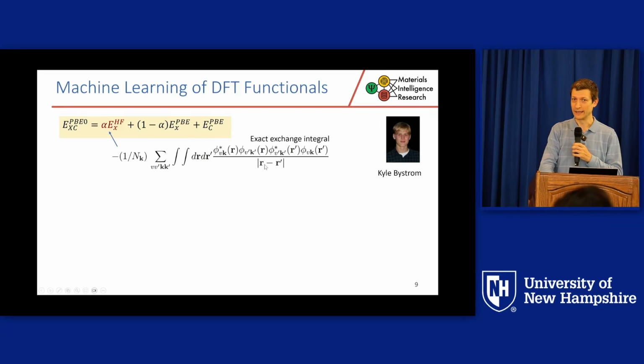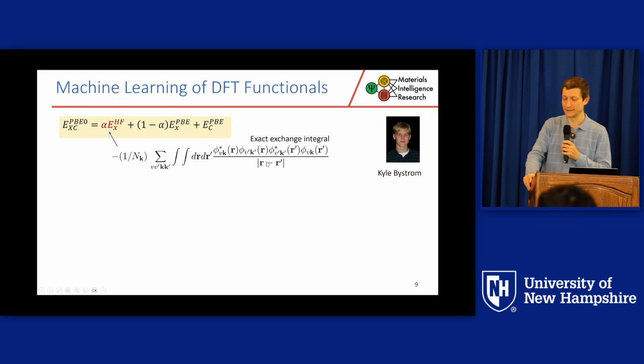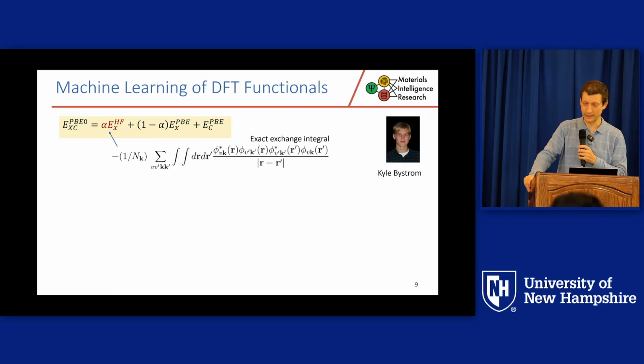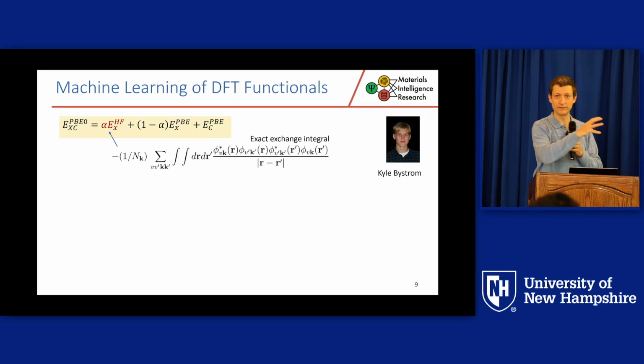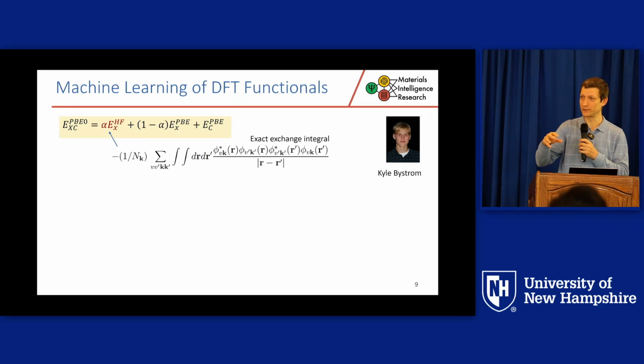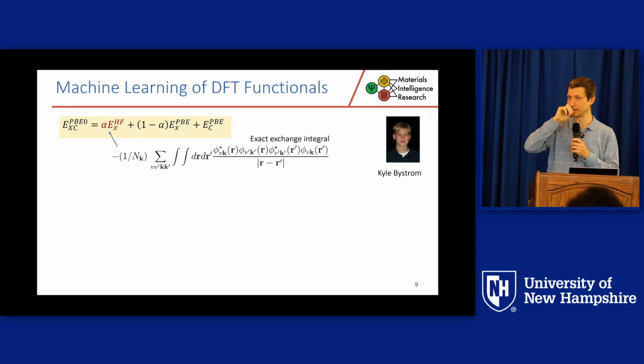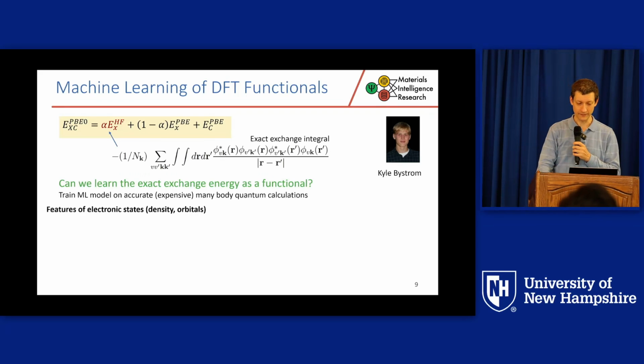Okay, so as a practice problem, we asked, can we deploy machine learning to replace this exact but very expensive integral by something cheaper that still lives in the DFT world? Can we learn this exchange energy as a density functional?